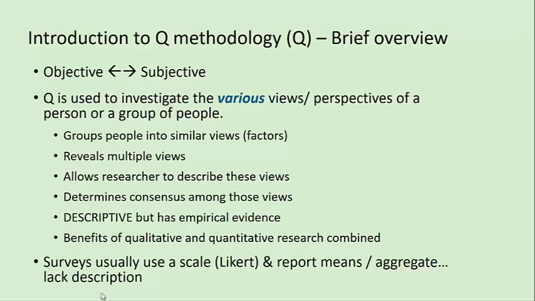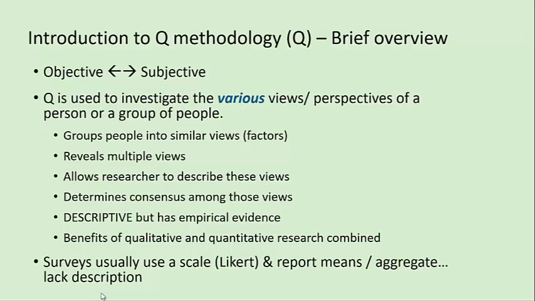The results allow us to not only say there are 3 views, but to actually describe those views in depth. Then we bring in comments from participants who are on specific factors, so we can enrich that description further. It takes the benefits of qualitative and the benefits of quantitative and merges them together, thus mixed method.